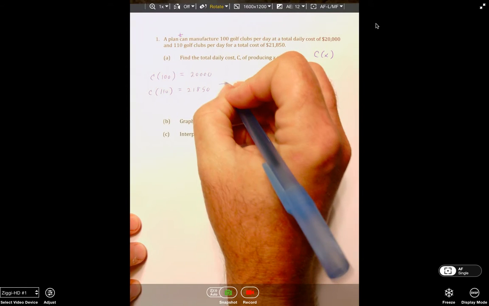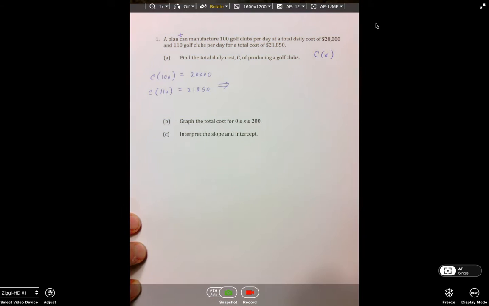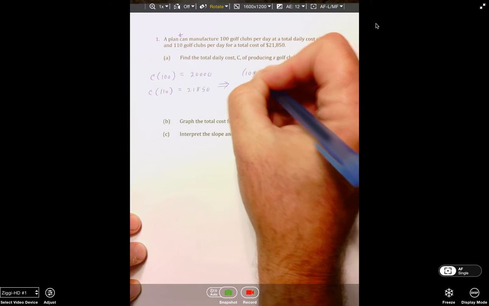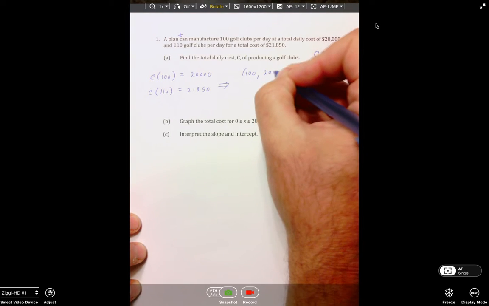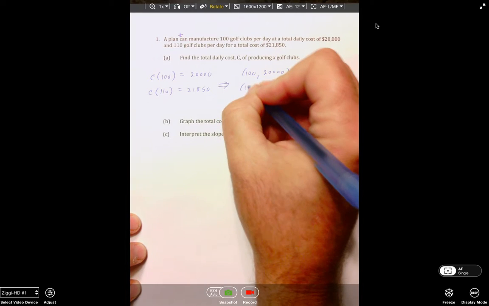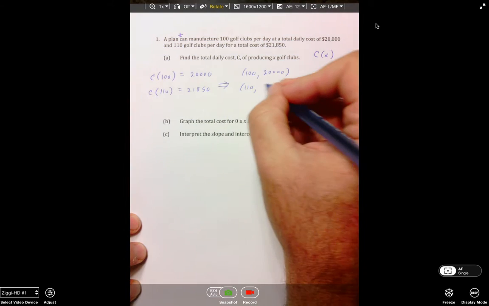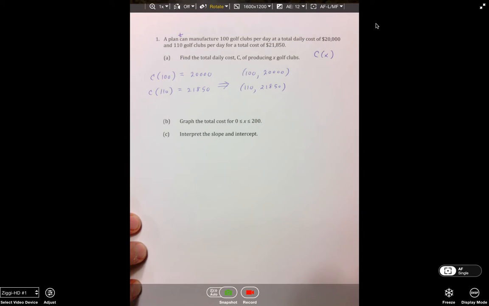As we saw in previous videos, we can create ordered pairs. When x is 100, y is 20,000, and when x is 110, y is 21,850.